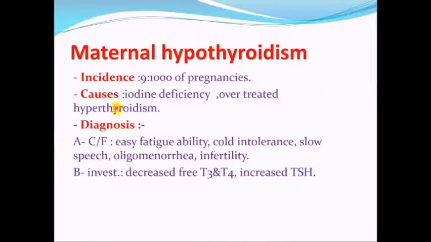Another abnormality which affects the thyroid gland is maternal hypothyroidism, and it affects about 9 of every 1,000 pregnant females. The causes of maternal hypothyroidism are either iodine deficiency or over-treated hyperthyroidism.